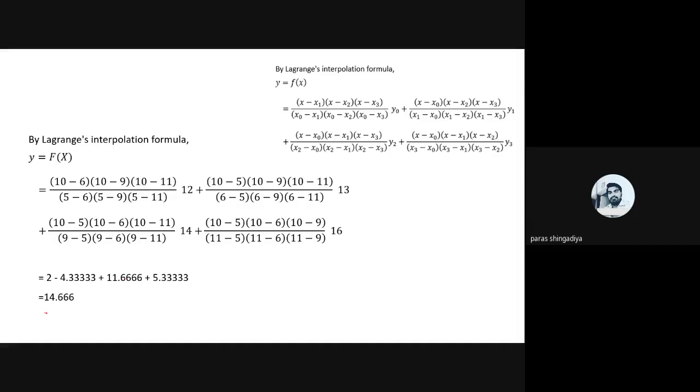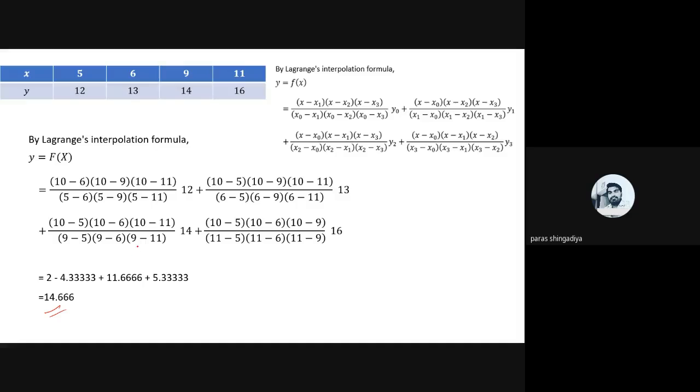So that is our required answer, 14.66, and we can also verify that answer. The value is given as x equal to 10. The answer at 9 is 14, and the answer at 11 is 16.